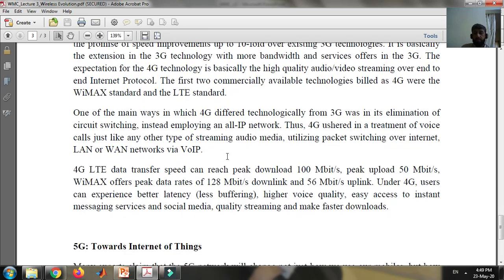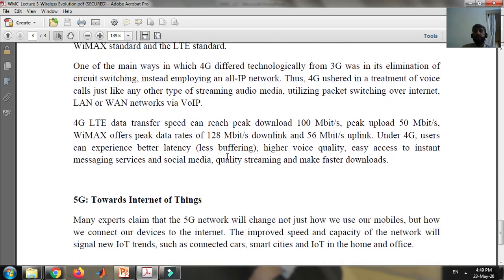One of the main ways in which 4G differed technologically from 3G was in its elimination of circuit switching, instead employing an all-IP network. So the entire network was based on internet protocol. Having internet protocol made a seamless integration of internet and voice and all types of services into one single platform.